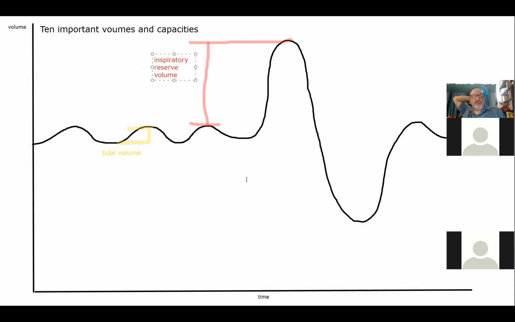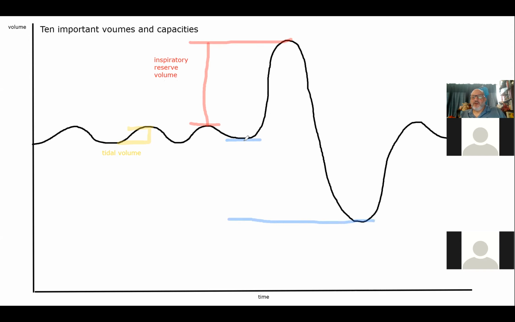By the same token, when we take a normal exhalation, when we do that normal breathing out, are we emptying our lungs? No. So notice we're not emptying our lungs at this point. There is additional air in our lungs we are able to move out.